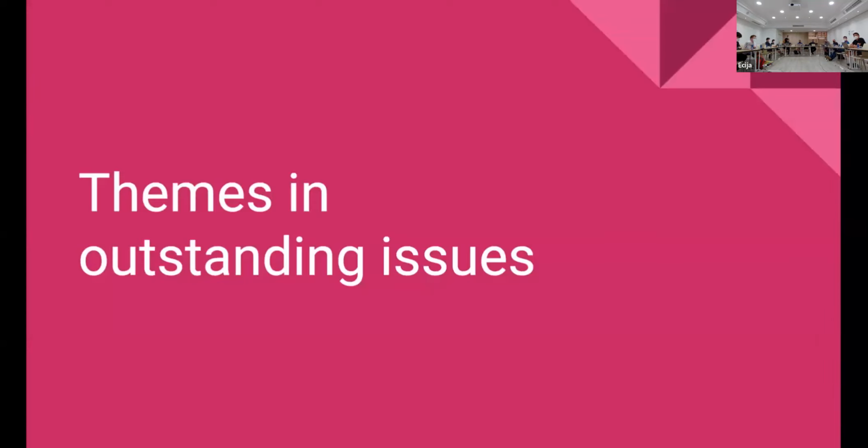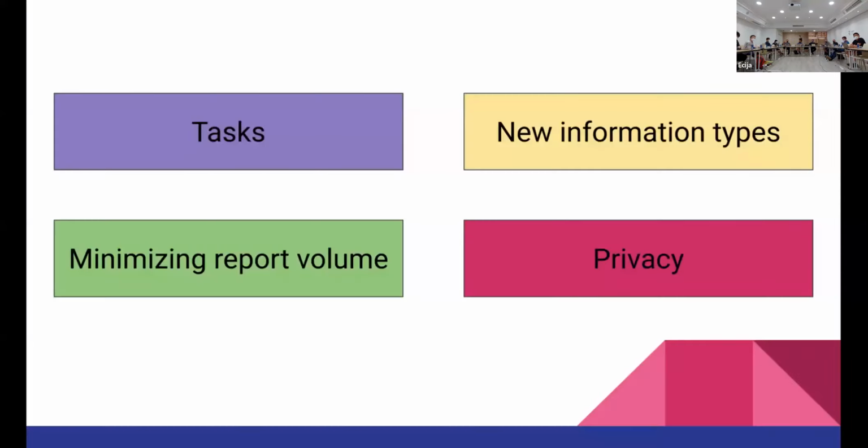So there are about 27 open issues, I think, up this morning. And they fall into a number of different categories. We've got some basic tasks that I think we can do, and likely aren't super controversial. There are questions about new types of information that we might want to report on. There are requests from various people to have mechanisms to minimize the volume of reports.